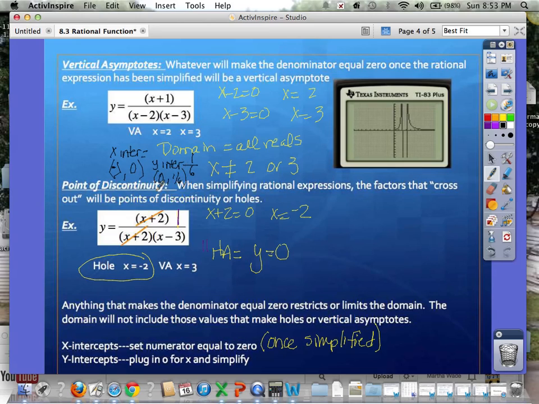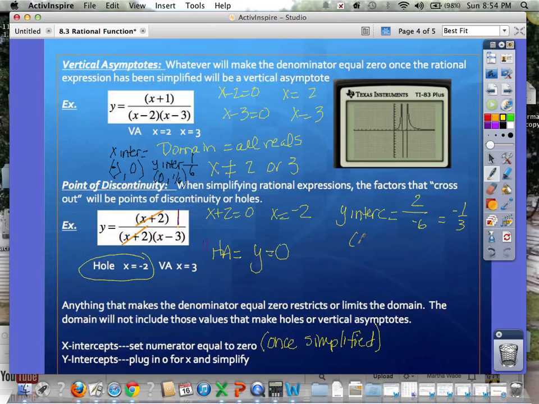Okay, let's do the bottom one here. If I plug in a 0 for everything to get the y-intercept, all right, I'll have 2 over 2 times a negative 3, which is negative 6, which makes a negative 1/3.